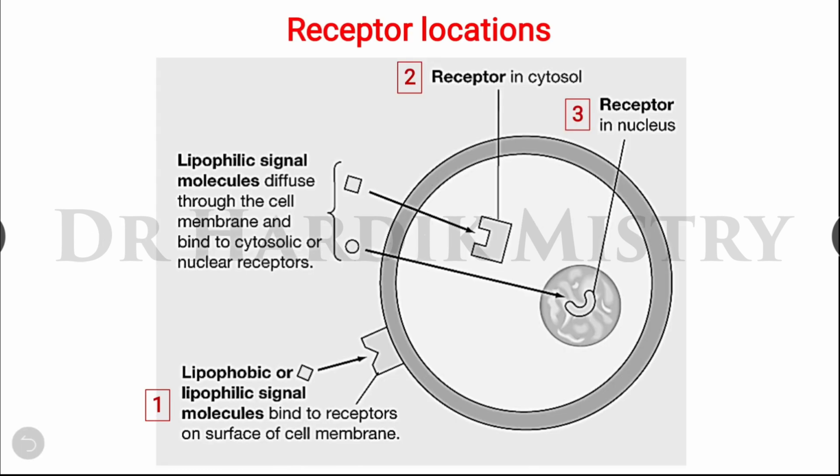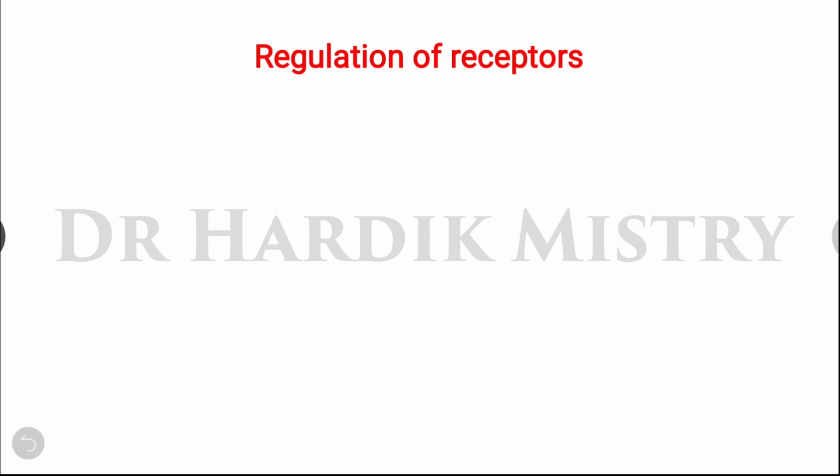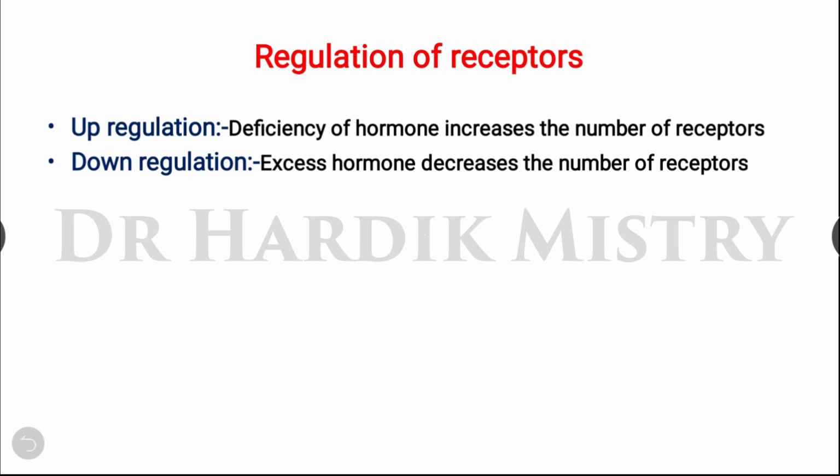There are three different places where the receptors are located on the target cell. For some hormones, the receptors are located on the cell membrane, for some inside the cytoplasm, and for some in the nucleus. Now regulation of receptors: upregulation and downregulation.